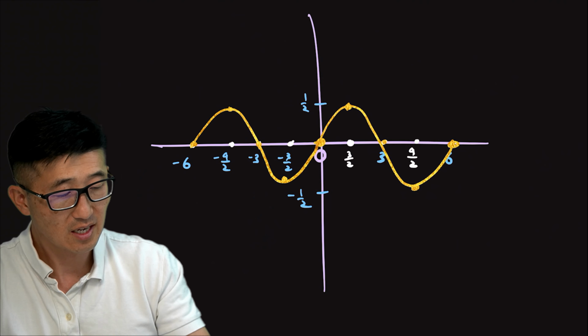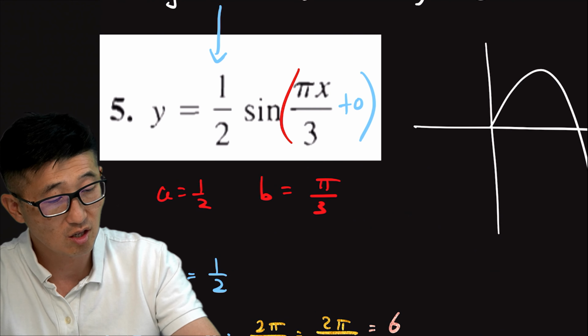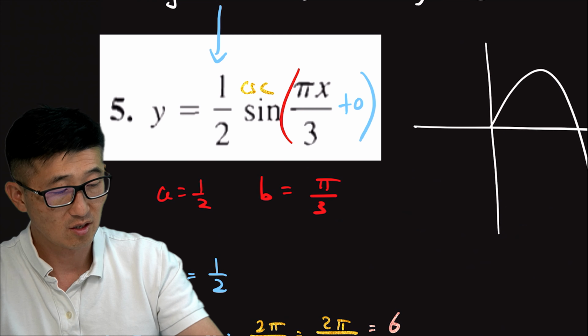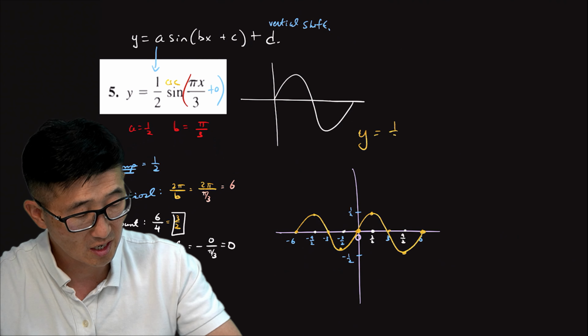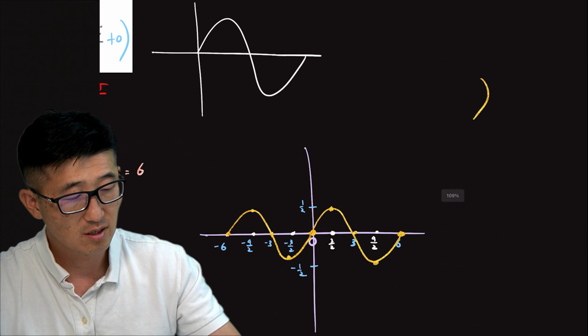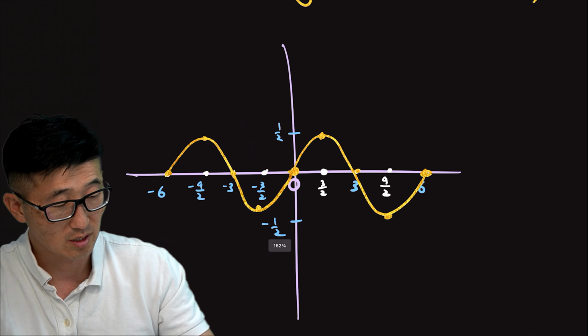That's your graph. And if perchance this is instead of a sine, it's a cosecant. What? Cosecant. Like here, let me just write it separately. What if it was like y equals 1/2 cosecant pi x over what? Over 3. Well, you'll graph a sine and then do what?